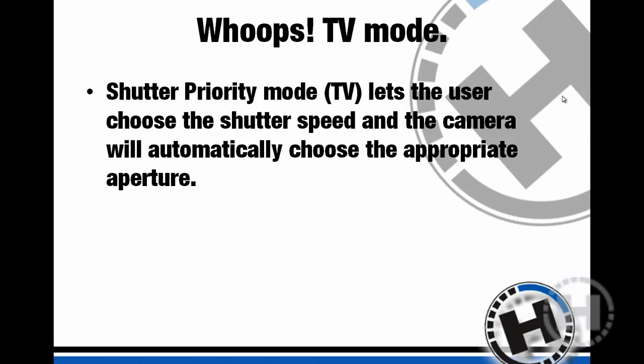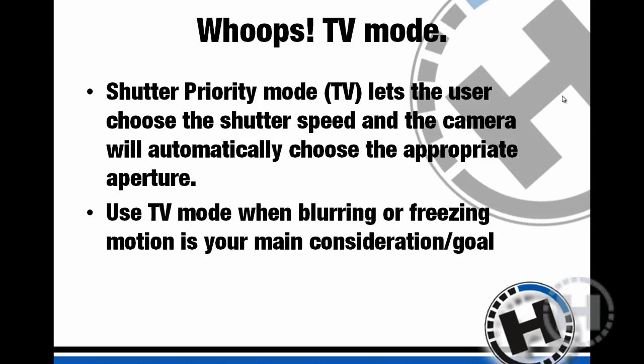Okay, ISO is a whole nother beast that we'll talk about in a later video, but let the camera choose the appropriate aperture to give you a proper exposure. If shutter speed is not a priority for you, then don't even use shutter priority mode at all. Okay, so again, I can't say it enough. Just use TV mode when you want to blur or freeze motion in your image. If you don't care or there is no motion, then shutter priority is of no consideration to you.